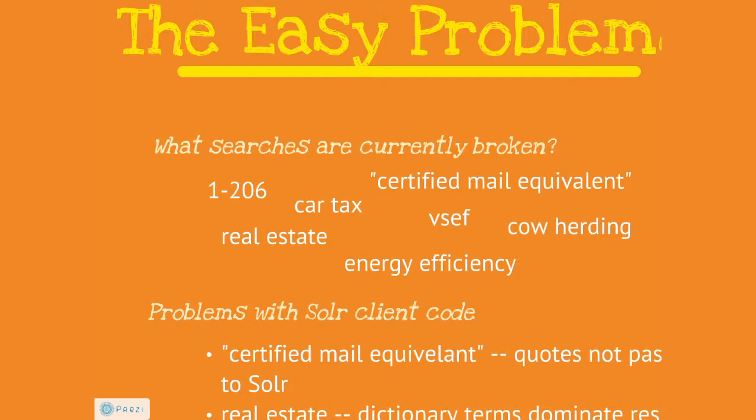We combed through his search logs and tried searches out ourselves, like if I was in a sticky situation, maybe with my car tax issues, how relevant are the results to my problem? And you can see there are a couple of classes of different kinds of broken searches that we discovered.